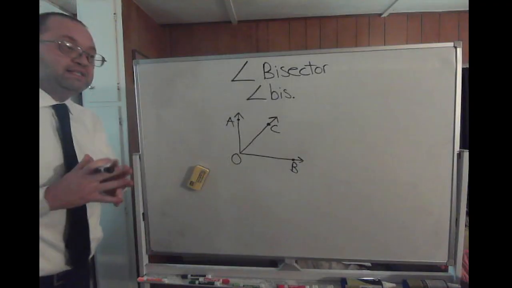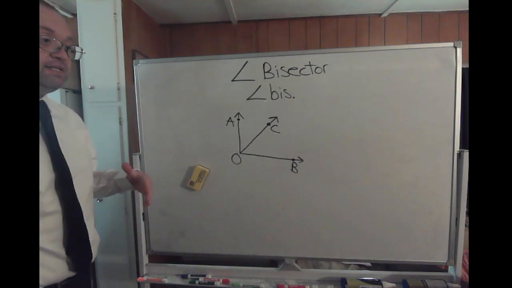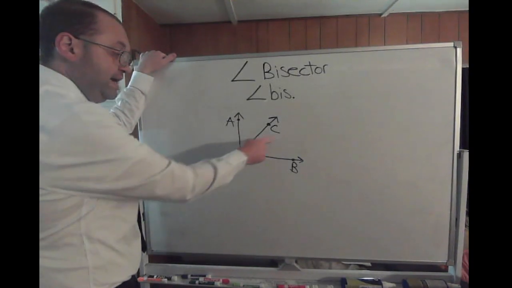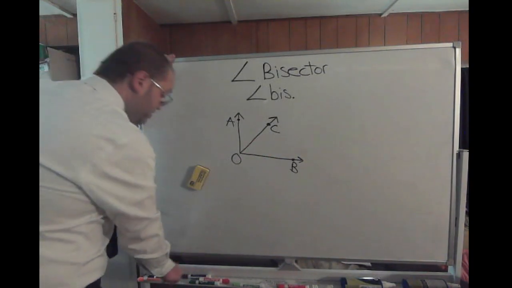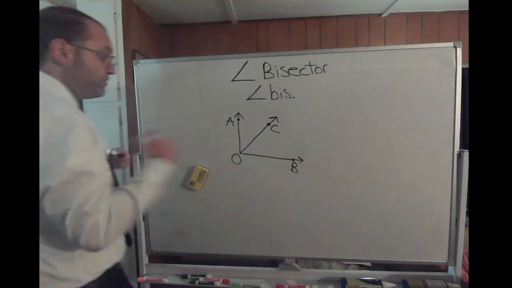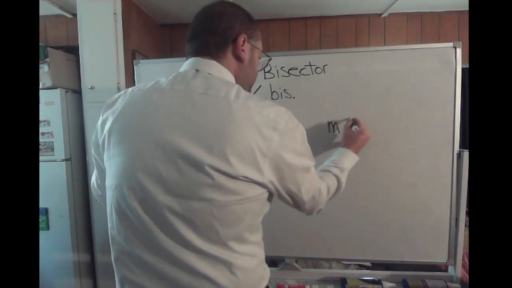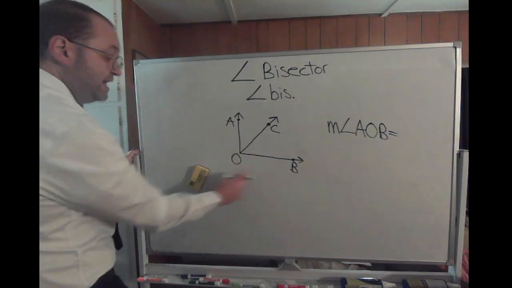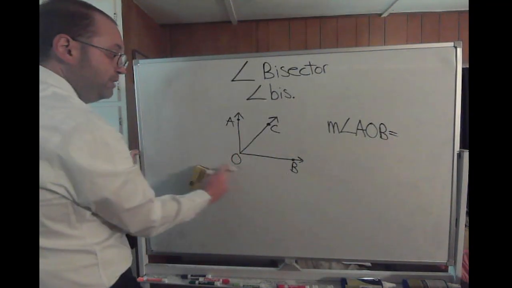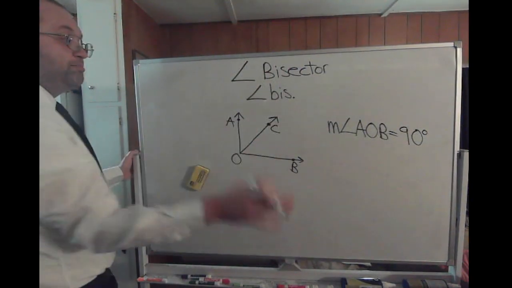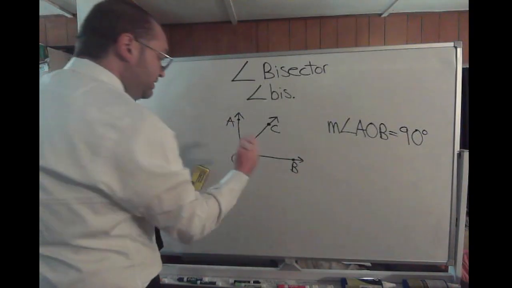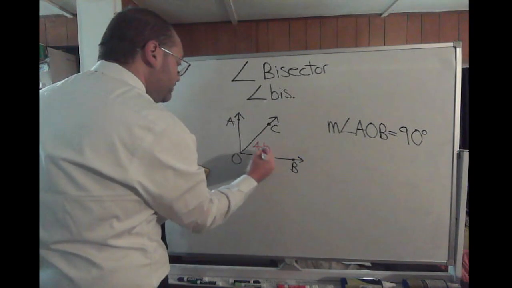Well, remember, to bisect means to split it into two even pieces. The bisector of an angle is nothing more than a ray that splits the angle into two equal pieces. So the measure of angle AOB, which is this entire thing right here, the whole master angle, is equal to 90 degrees, right? Well, if ray OC bisects the angle perfectly, I'm going to get two 45-degree angles, am I not?